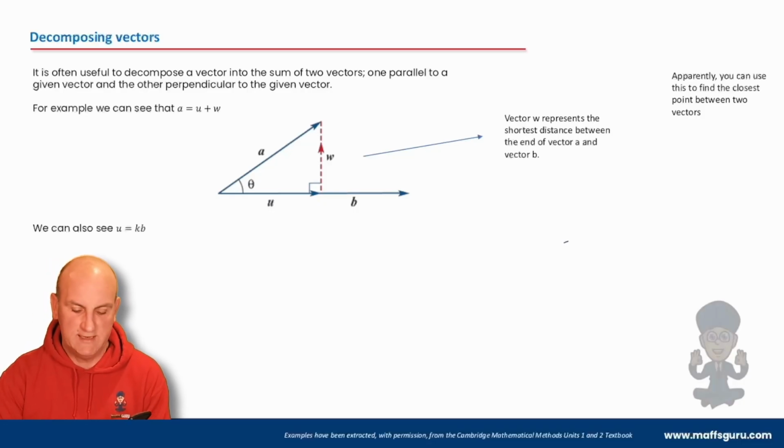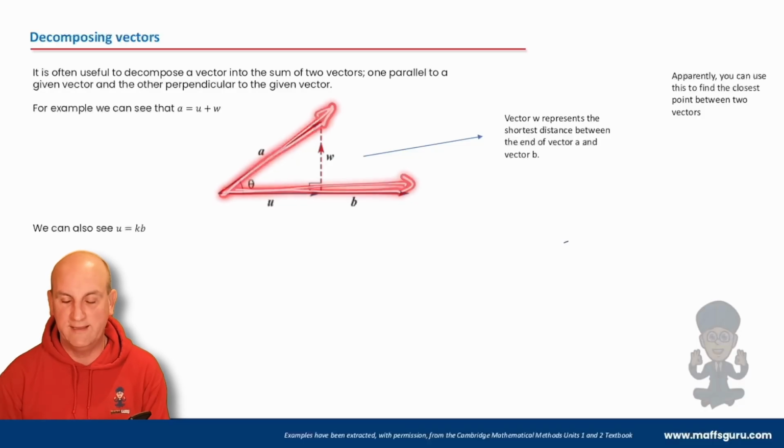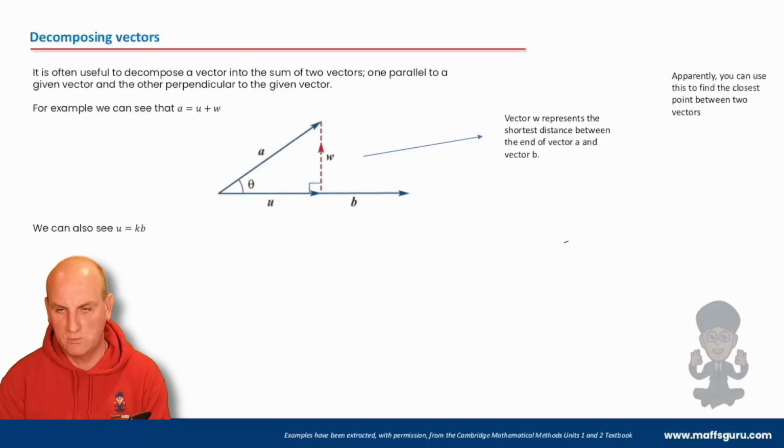So let's have an example where we've got two vectors A and B joined at this point with angle theta. This is really useful because, if I'm trying to find this angle, these two vectors have to be joined at that point and heading away from that point to be able to use the angle through the dot product. So we've got A, we've got B, and the shortest distance between those two points is that line there.